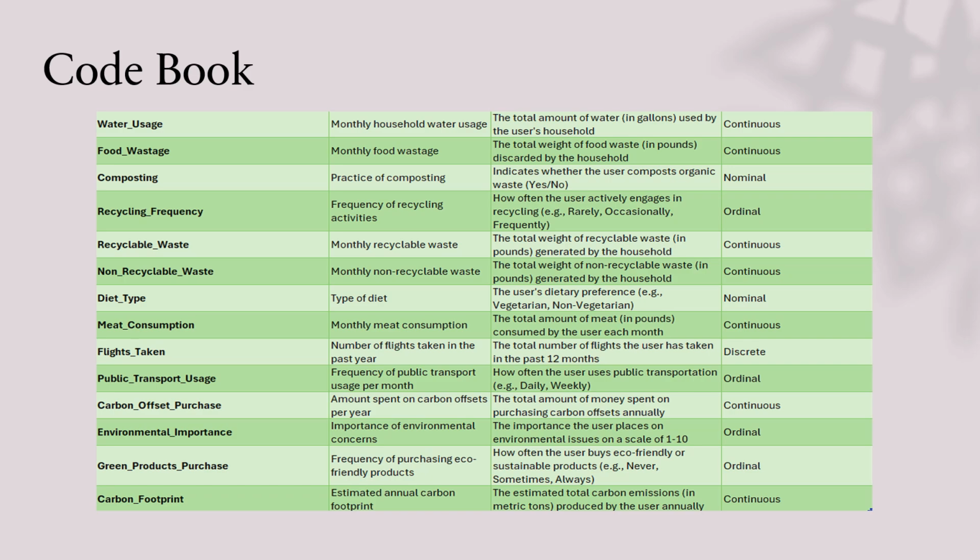We also track the number of flights they have taken in the past 12 months, how often they use public transportation, and the amount they spend on carbon offset purchases to be more economic, environment friendly, and reduce carbon footprints.